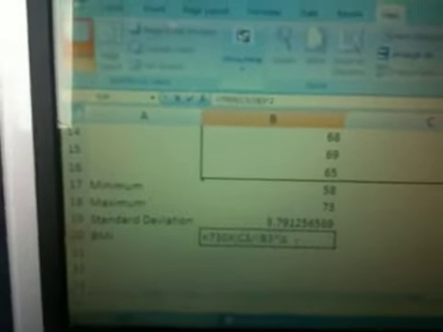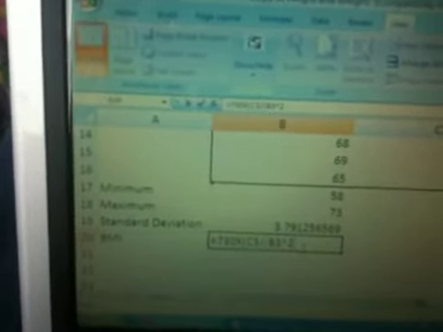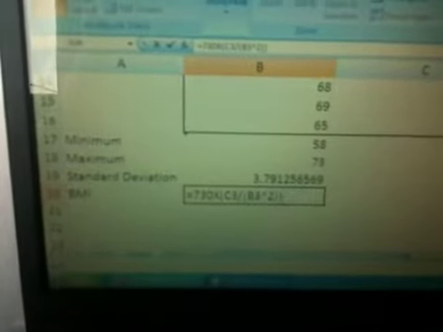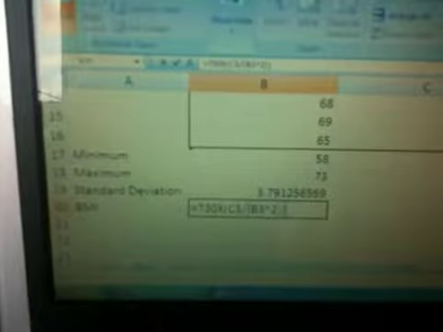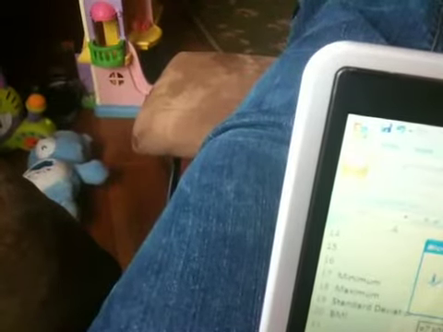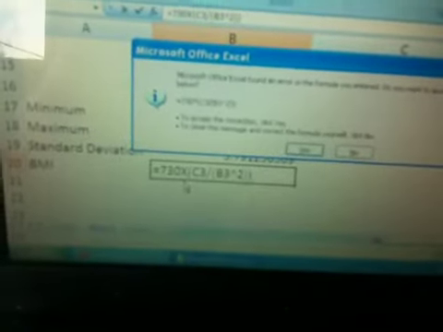B3, shift 6, caret top, squared, and then do 2 close parentheses, because I have 1, 2 open parentheses and 1, 2 closed. And then hit enter. And now it really doesn't like what I entered. Oh, okay, I see. What it's saying is I used X here, if you can see my cursor.